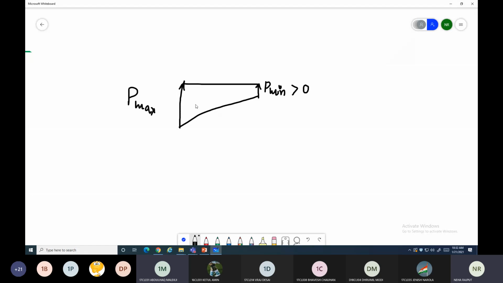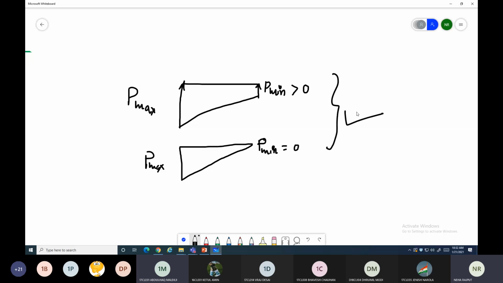Now if something happens where your P minimum value may have the 0 value, so this is P maximum and this is P minimum, and this minimum value is 0. So these two cases are applicable for retaining wall.